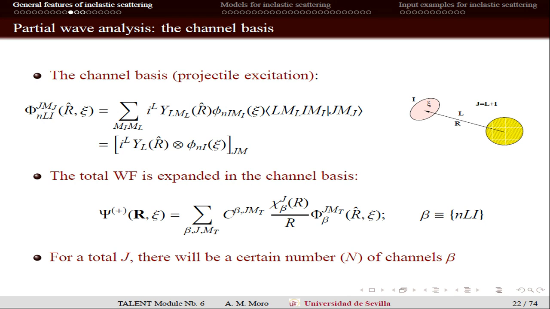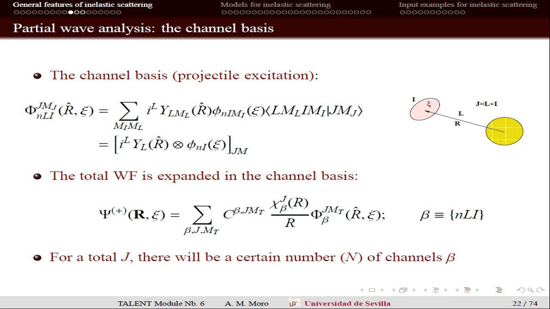It contains spherical harmonic, the internal part, and they are coupled to a total angular momentum J. So the I couples to L to give a total J. And this is coupled through a Clebsch-Gordan coefficient. And this i^L could be omitted here, so we can define the basis without this, but it is convenient because if we don't put it here, it will appear in other parts of the wave function that are less convenient.